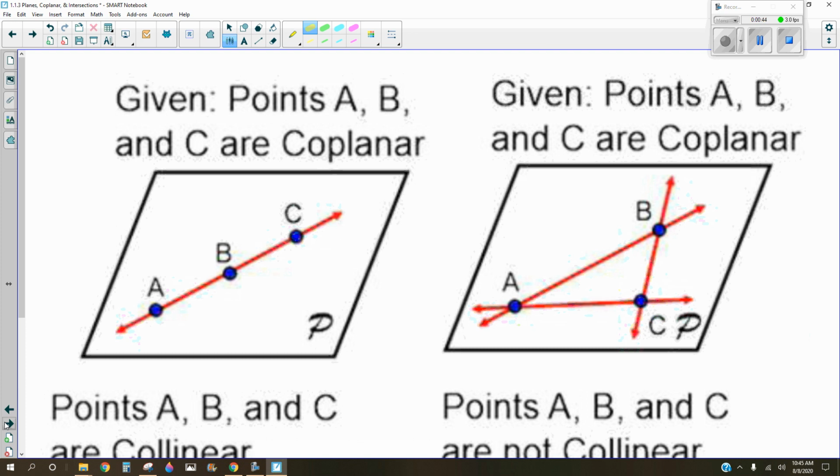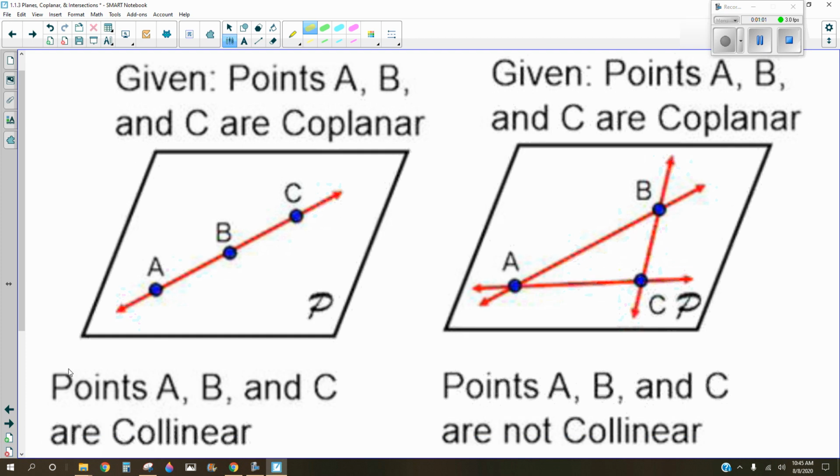All right, so let's look at this. Given points A, B, and C are coplanar. Okay, these are coplanar points. They all fall on the same plane. And then underneath it says A, B, and C are collinear, right? So here's just an idea.